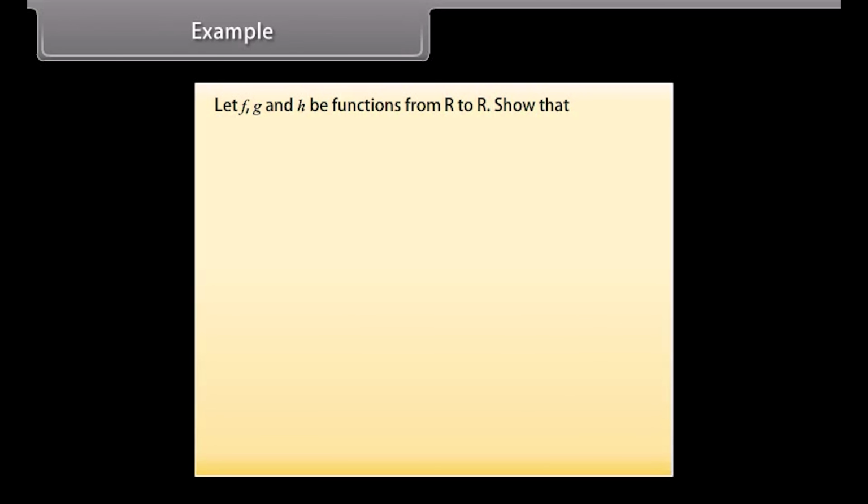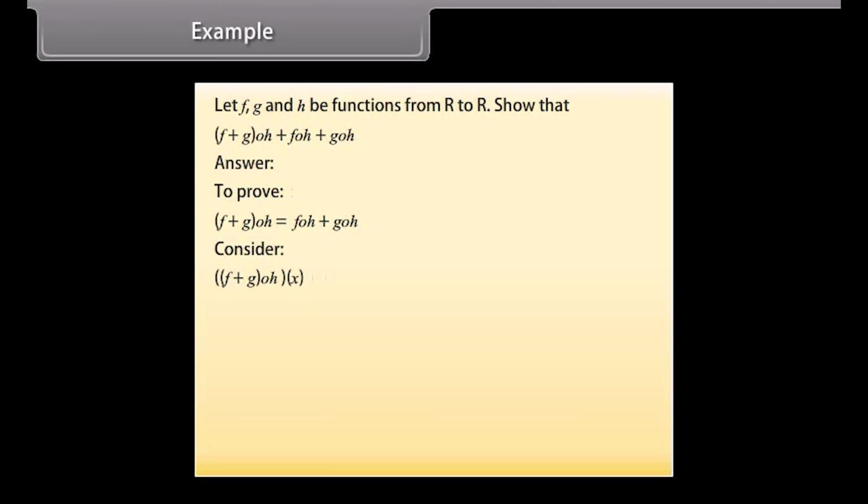Example. Let f, g and h be functions from R to R. Show that (f plus g) of h is equal to f of h plus g of h. Answer. To prove (f plus g) of h is equal to f of h plus g of h, consider (f plus g) of h of x, which is equal to (f plus g) of h of x.